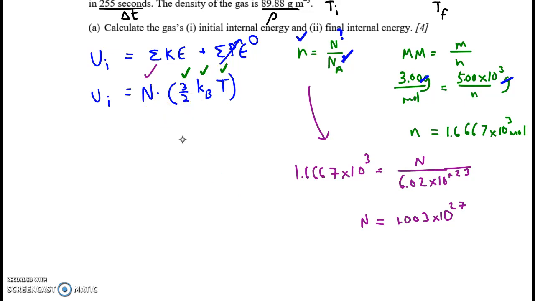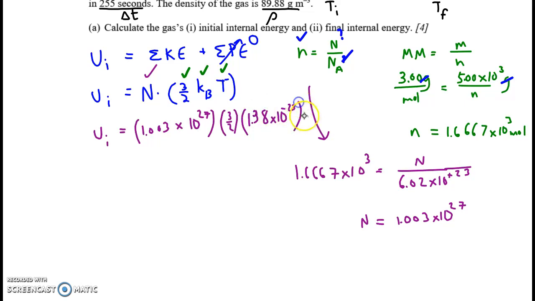So I do exactly that. Three halves, Boltzmann's constant, that was 1.38. We can look back again. Times 10 to the minus 23. And the temperature initially was 600 Kelvin. And this comes to a lot of joules.